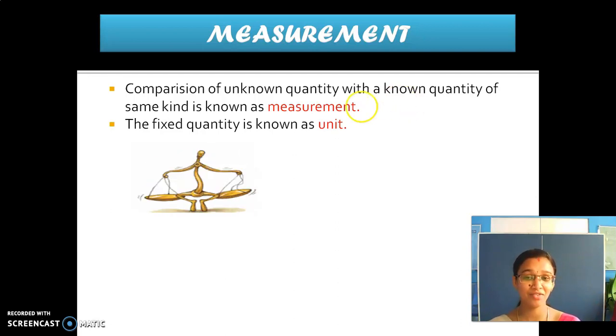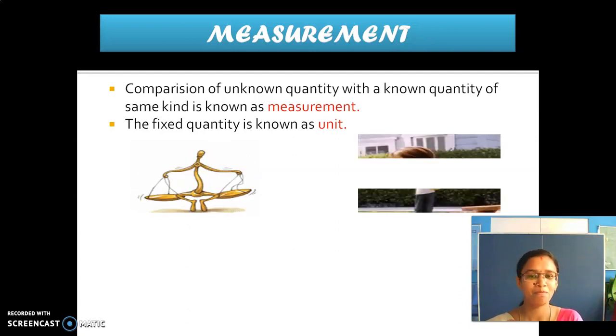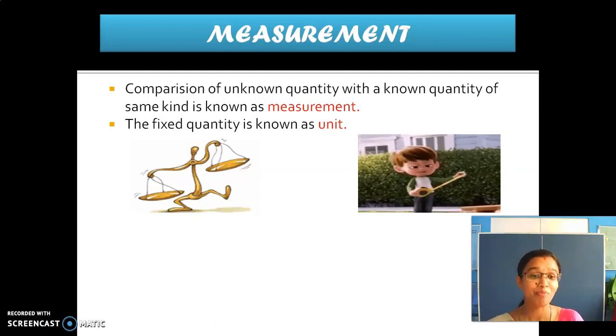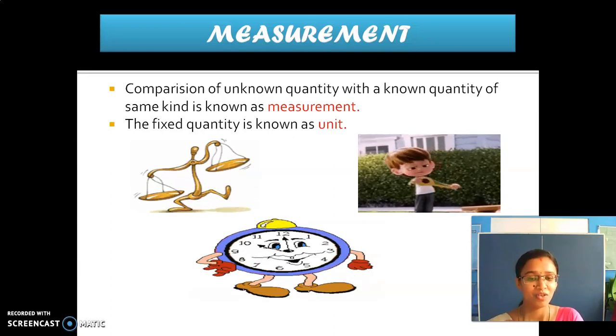So what is this here? We use physical balance to weigh. Yes or no? We use physical balance to measure in kilogram. Yes. And then measuring tape to measure the distance. We use measuring tape to measure the distance. And then, what is that?